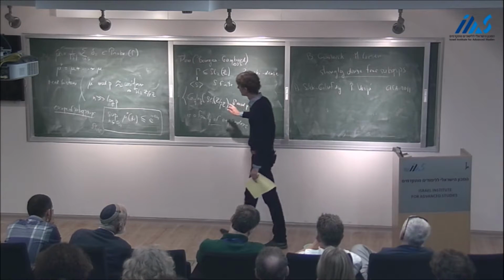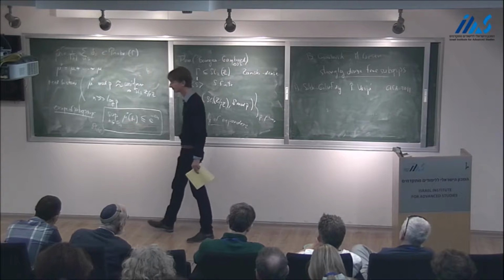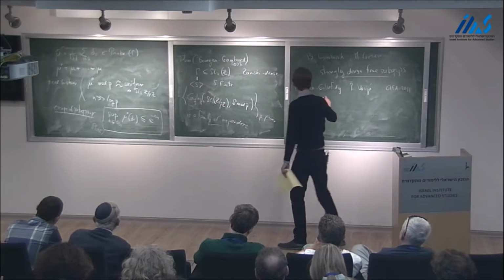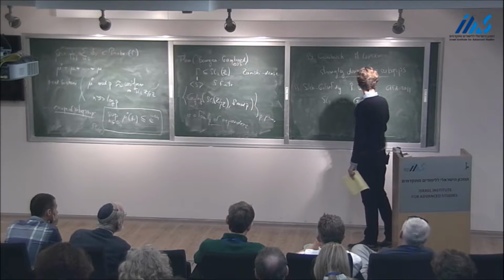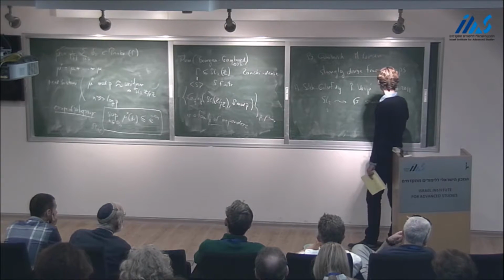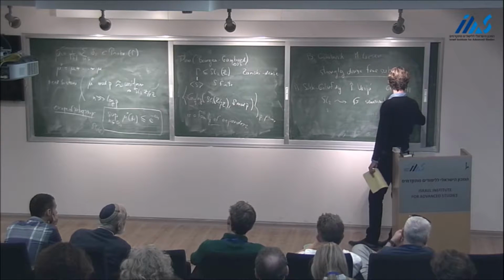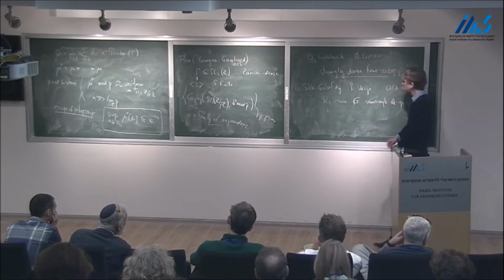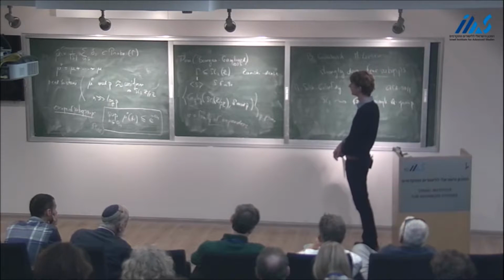And one of the key points is to be able to generalize this estimate to higher rank. So you replace SL2 with G, which is an arbitrary semisimple Q-group, and you'd like to prove a similar estimate here.